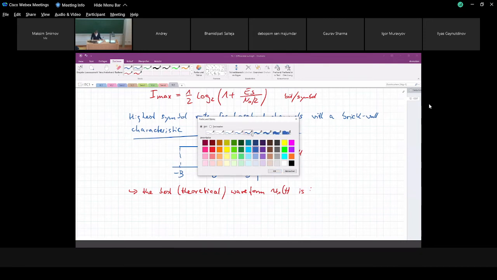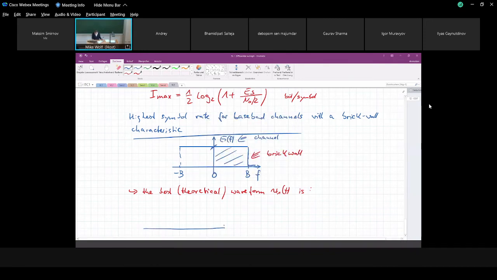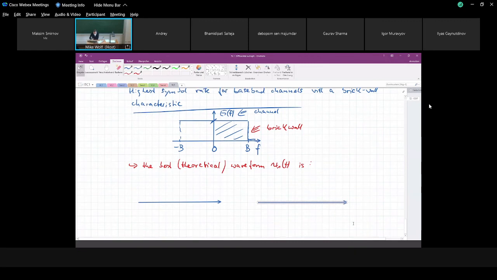So first I write it in the time domain, it's like this. First I draw it in time domain, then I draw it in a frequency domain. It's like this. So first I draw here, this is T and here is F.